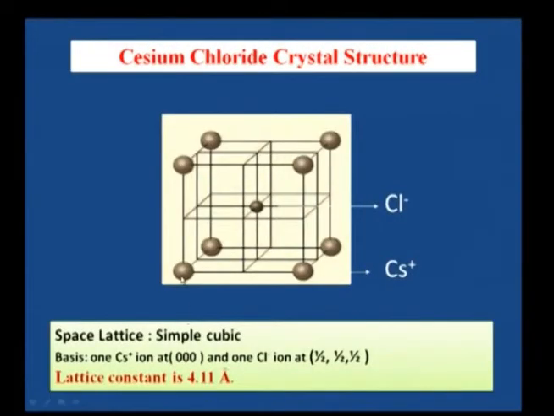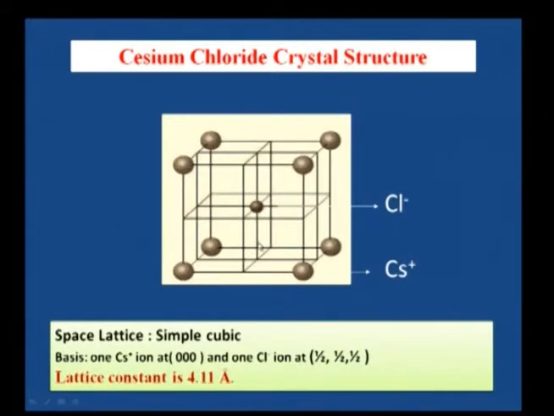The basis contains 2 ions, one ion at the origin, cesium, with coordinates 0 0 0, and the chlorine has got the coordinates half half half, right: half along the x axis, half along the y axis, half along the z axis.